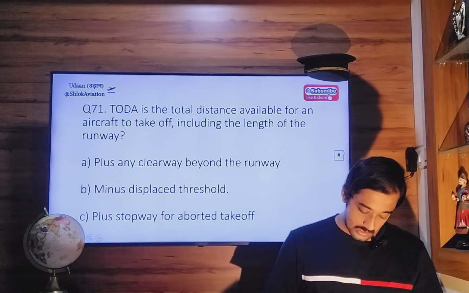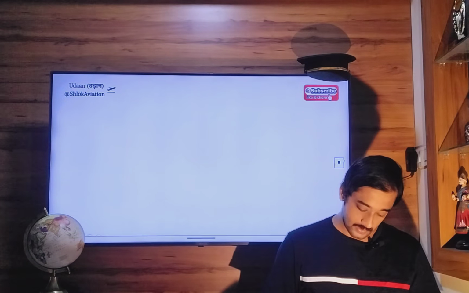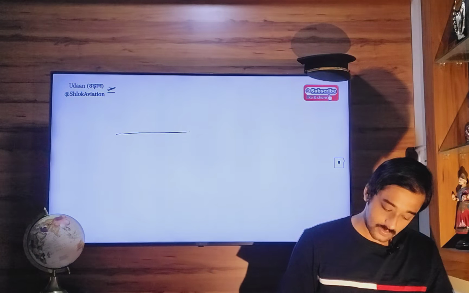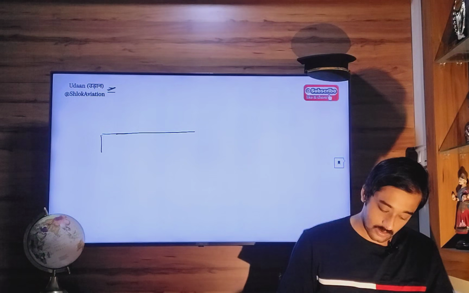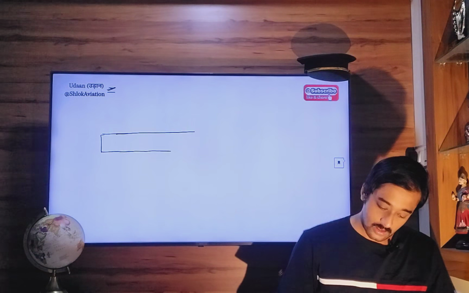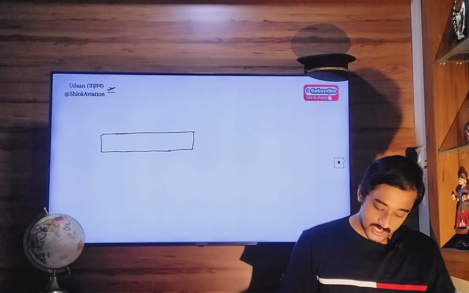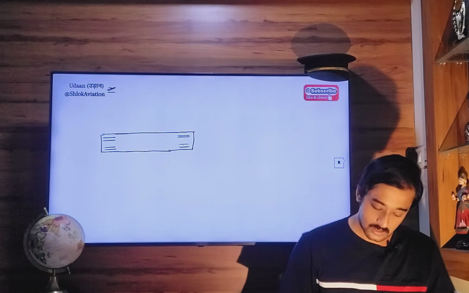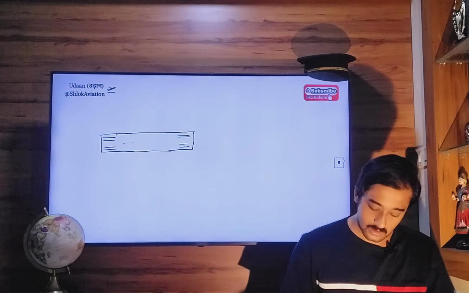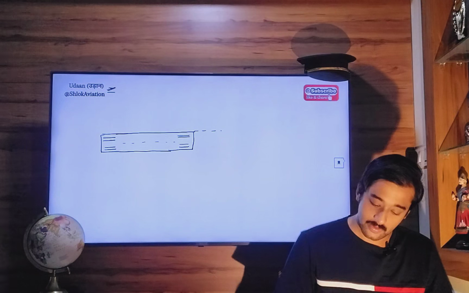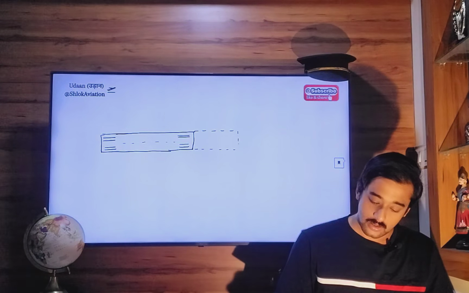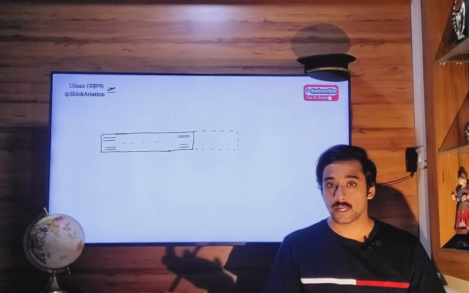So let's draw the diagram. This is your runway. This is the threshold of this runway, here. Now, at the end of this runway, there will be a stopway where you can bring your aircraft to a stop should you abort your takeoff.